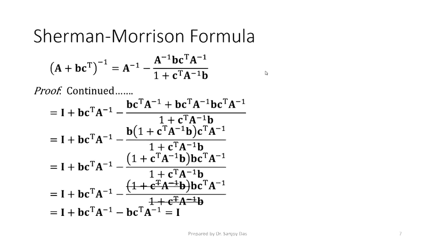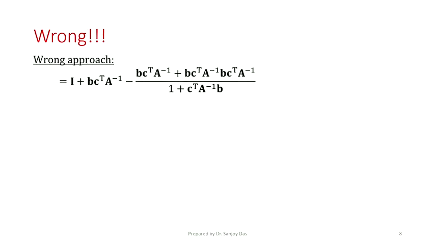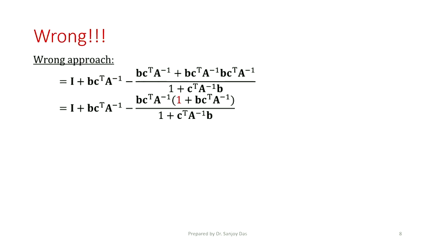Now, common mistakes. This is a wrong approach. Suppose we arrived at this stage, that's fine, and then we try to simplify it this way. We see that, oh, we have BC transpose A inverse on both sides, here and here. So we take BC transpose A inverse, and then we have 1 plus BC transpose A inverse. This is absolutely wrong. Why? For one thing, 1 is a scalar.